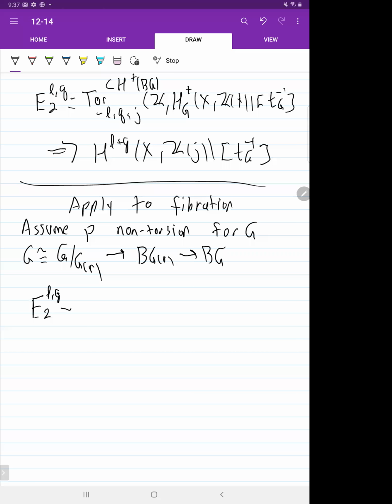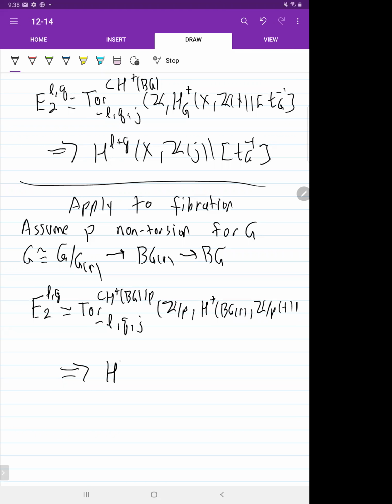So it looks like Tor of the Chow ring of BG, mod P, and then integers mod P. Then you have motivic cohomology of BGR with mod P coefficients, converging to the motivic cohomology of G.